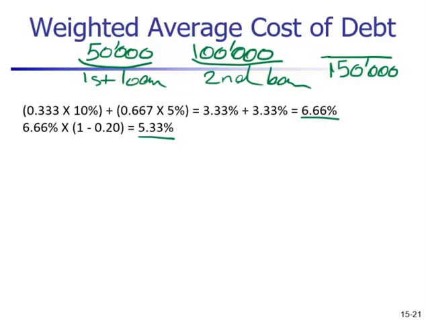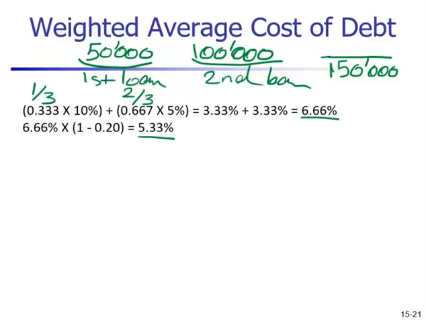The first one is, as you can see here, 0.33, and the second one 0.66. In fact, the first one weight is 1/3, 50 over 150, and the second one is 2/3, 100 over 150.